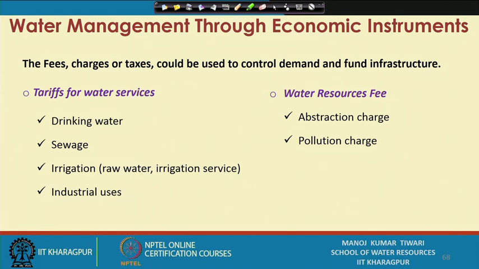At times we can put an abstraction charge or a pollution charge. If somebody is abstracting water or additional water from a resource, he needs to pay an abstraction charge, or if somebody is releasing or emitting pollutants into the natural waterways, he needs to pay a pollution charge, which follows the polluter pays principle.